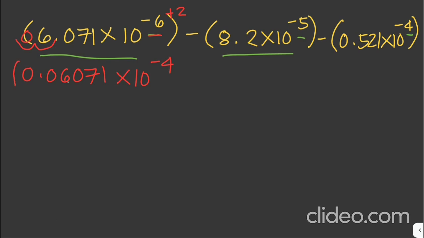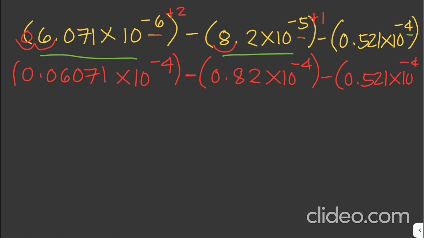The next number is -5. In order for this number to become -4, we add 1, so we move our decimal point to the right once. So this number would become 0.82 times 10 to the -4 minus 0.521 times 10 to the -4.